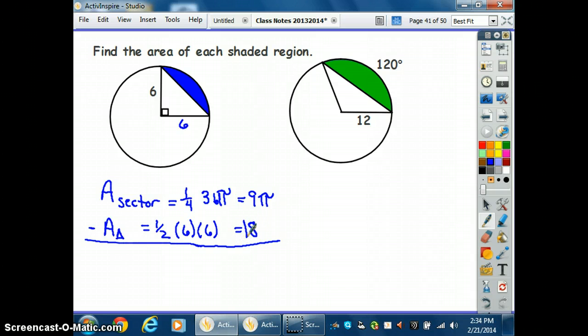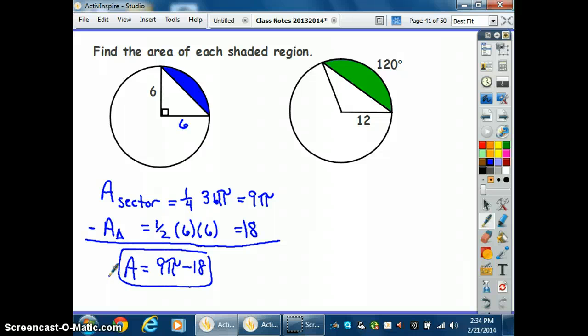So the answer, the area, even though it looks strange, is 9 pi minus 18. Now if we wanted an estimated value, we could multiply 9 times pi and subtract 18. And I think you get about 10.26 if you do it, okay? That area is. Okay, let's try the next one.